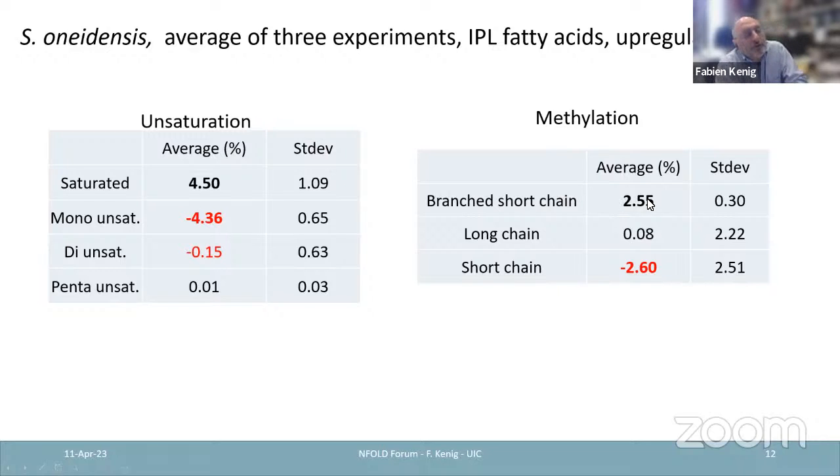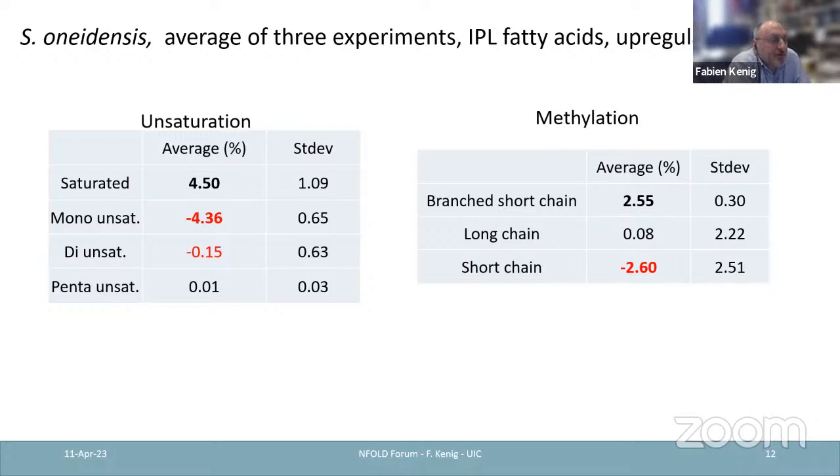So it means that at least part of the lipids we have in the membrane upon the pressure stress were transformed in situ, so within the membrane, and didn't necessarily imply that we have de novo synthesis for the whole set of lipids.